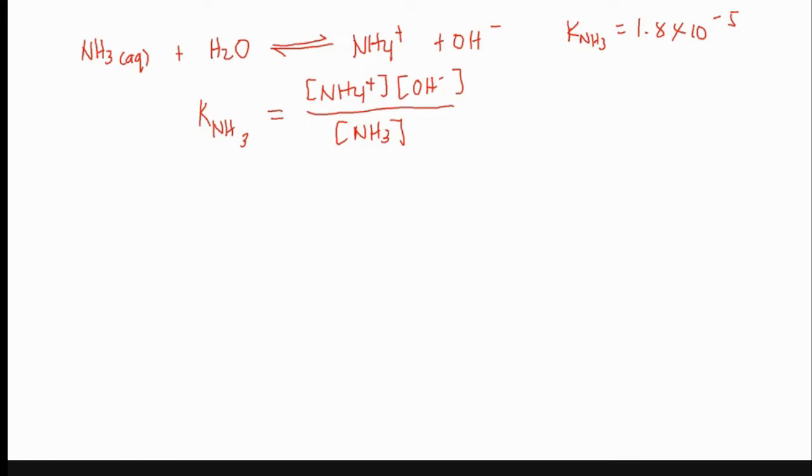And then, how about your ammonium ion? K A of ammonium. You know? So, babaliktad. NH3, and then we have OH minus, and then NH4.